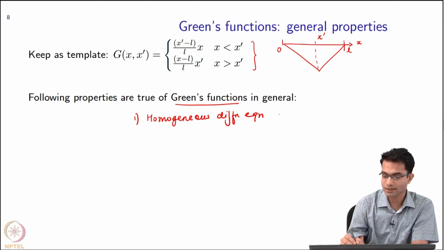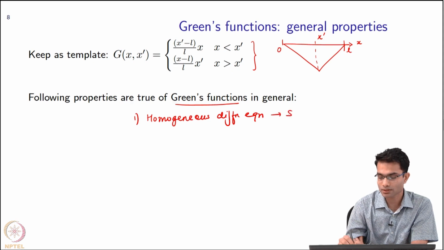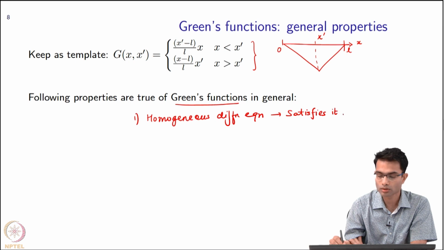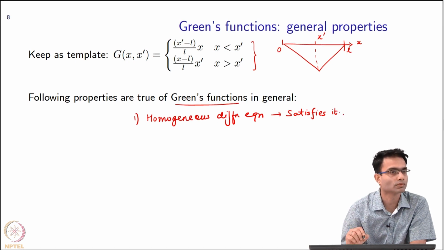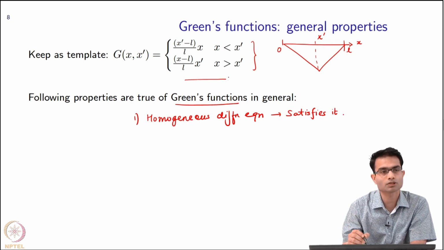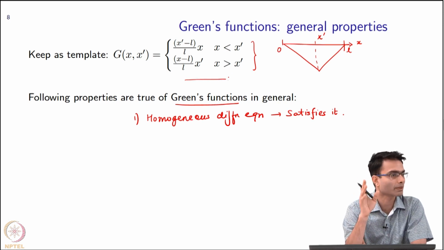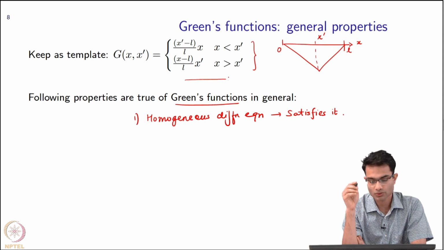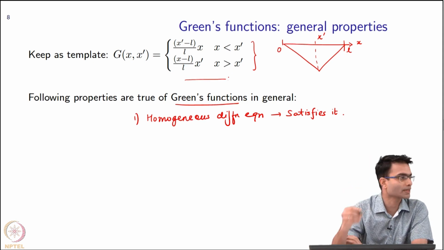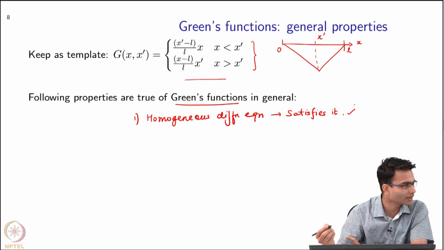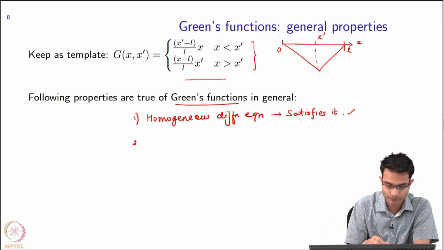This Green's function satisfies it. The way we derived this function was by ignoring the point x equal to x prime. So the homogeneous differential equation is satisfied by the Green's function. That in general is how we will construct it.